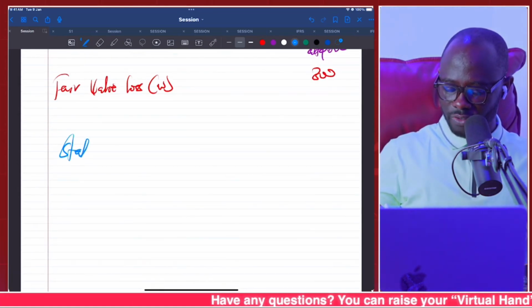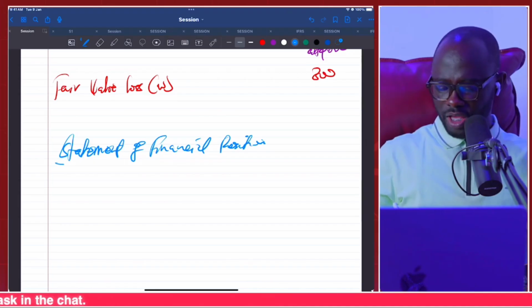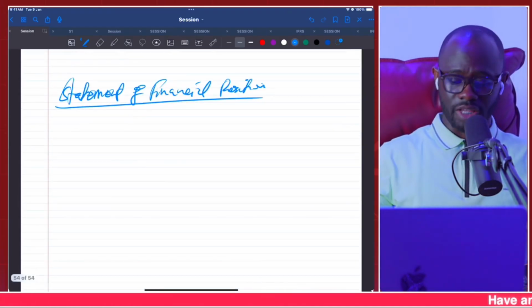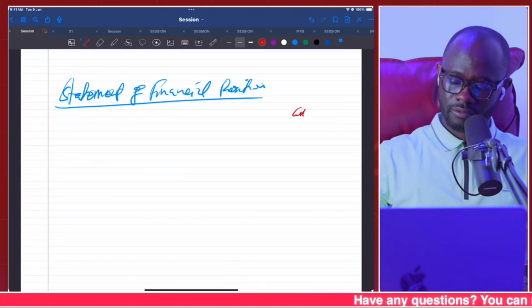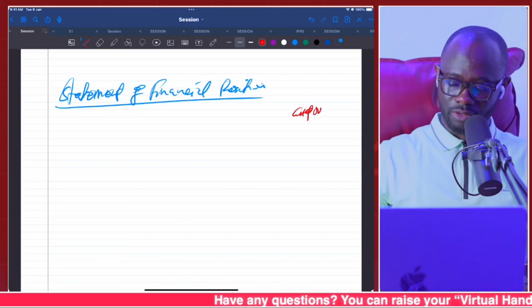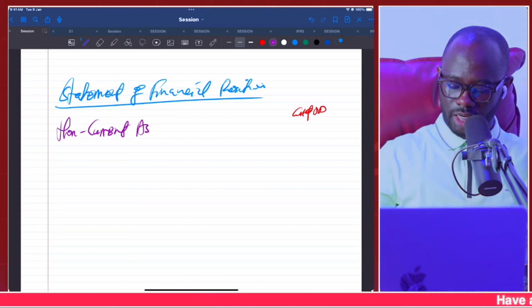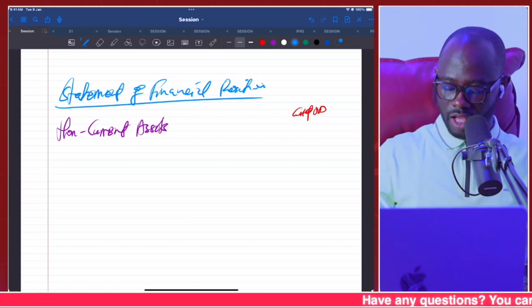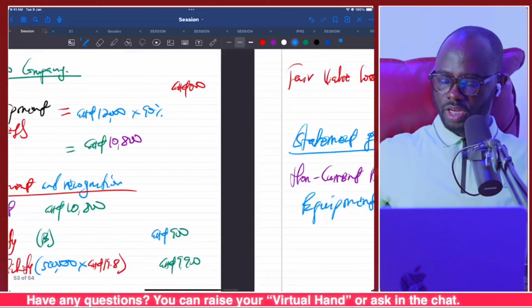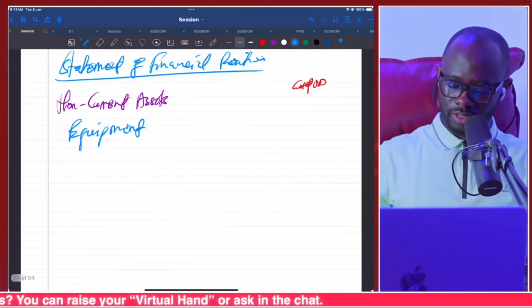In the statement of financial position, we assume there is no depreciation charge on the asset, right? So we'll still carry it at the amount. So under non-current assets, we'll have equipment. The money we paid, 10,800.